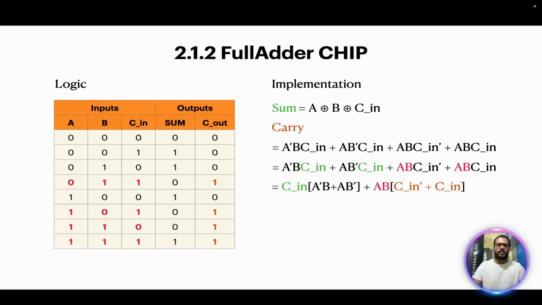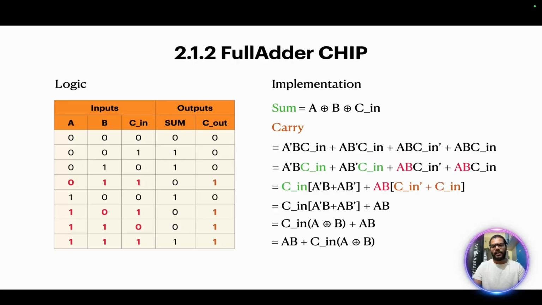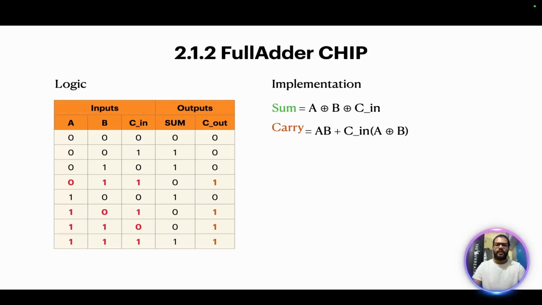Take the common out by the law of commutativity. We know that A plus A dash is 1, so Cn plus Cn dash becomes 1. So you have Cn times A dash B plus AB dash, plus AB, and you know A dash B plus AB dash is A XOR B. So you have AB plus Cn times A XOR B. This is the expression for carry, and you have the expression for sum there.